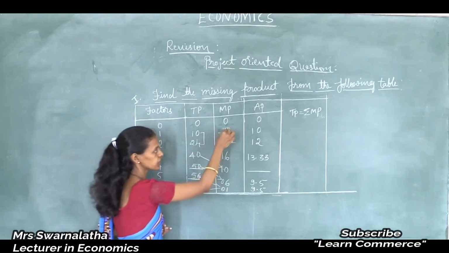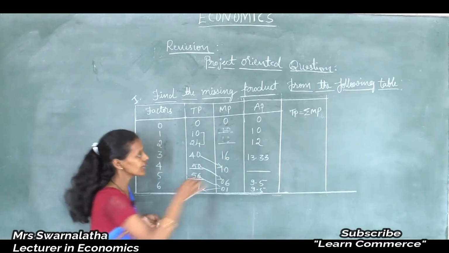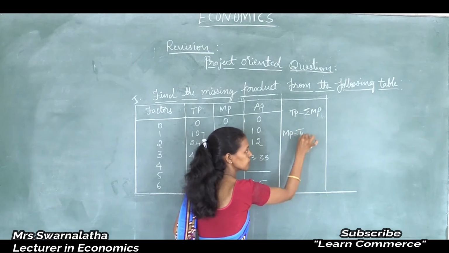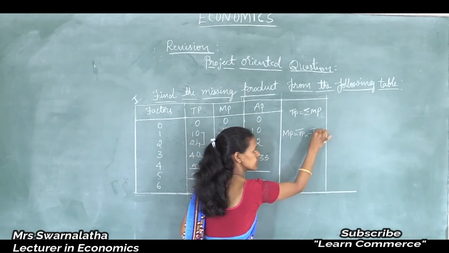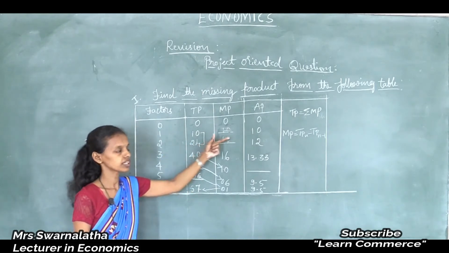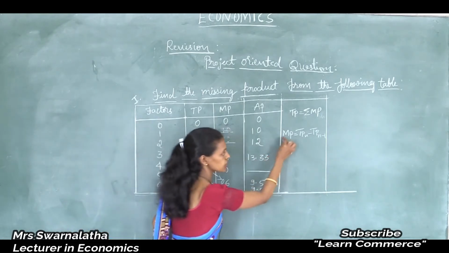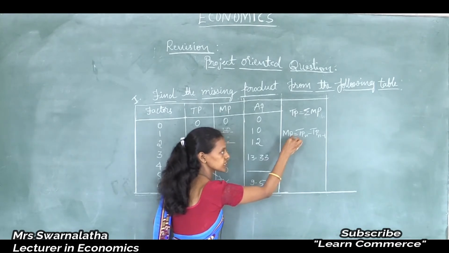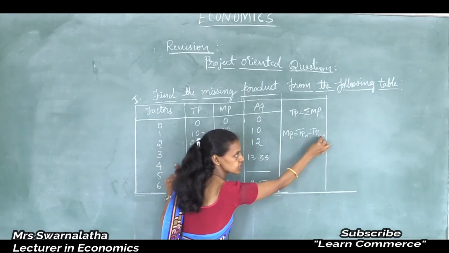Next we are going to find the marginal product. Marginal product means MP is equal to TPN minus TPN minus 1. This formula you should know before going to find the missing product. Marginal product MP is equal to MPN or MP1 you can give, TPN minus TPN minus 1.